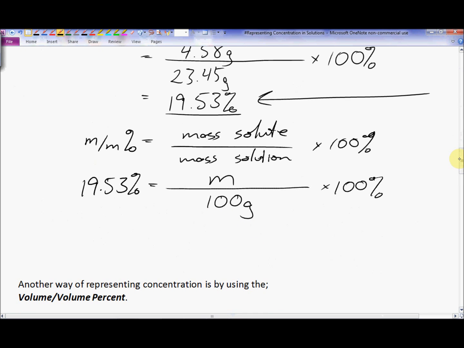Okay, so the mass will be 19.53% over 100% times 100 grams. Okay, and that should work out to be 19.53 grams exactly.